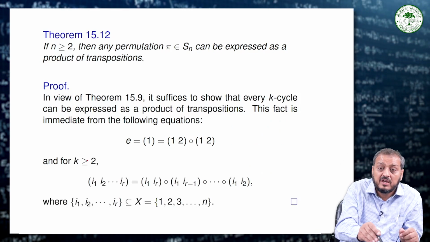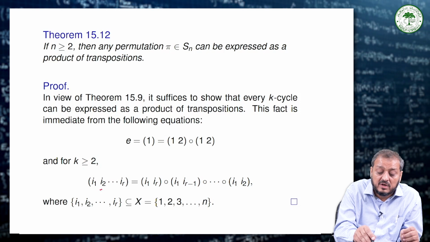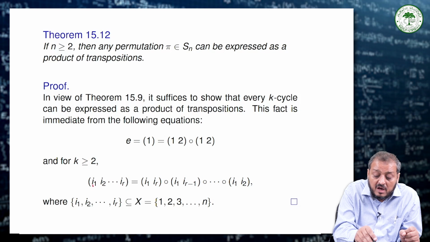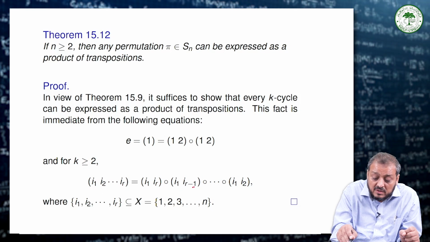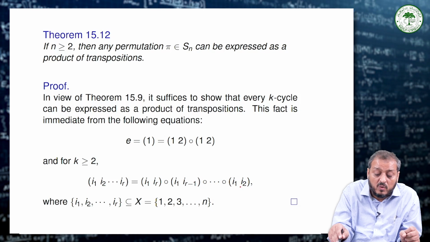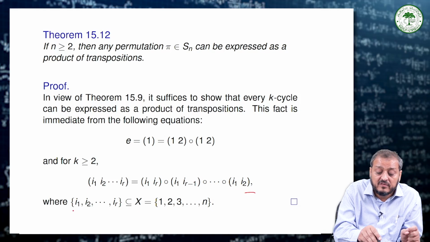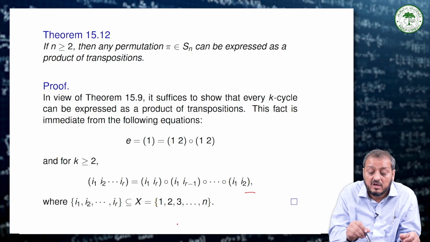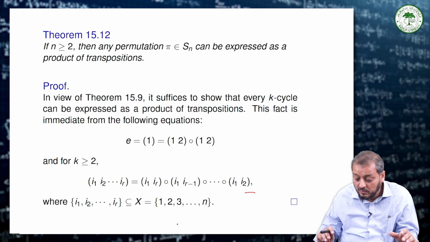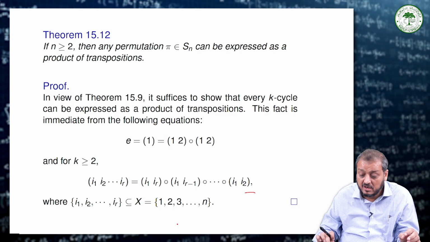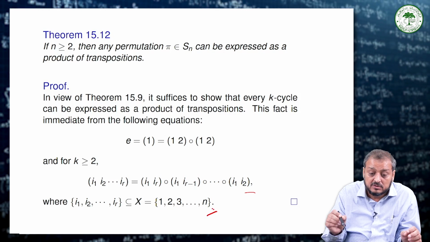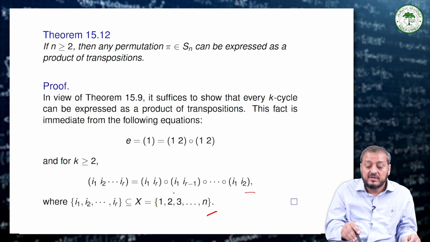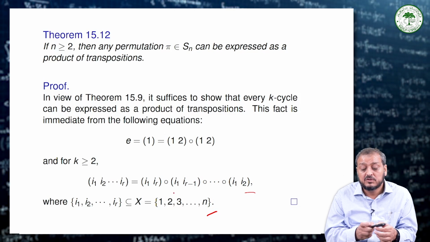And also for k greater than or equal to 2, the cycle (i1 i2 ... ir) can be written as the composition (i1 ir)(i1 ir-1) and so on up to (i1 i2), where i1, i2, ..., ir is a subset of X, and X is 1 to n. This completes the proof of this theorem.